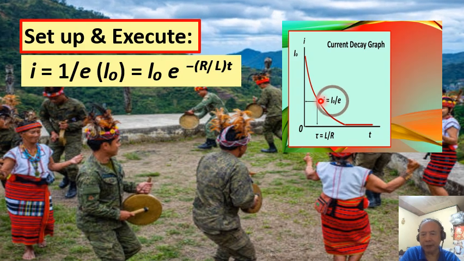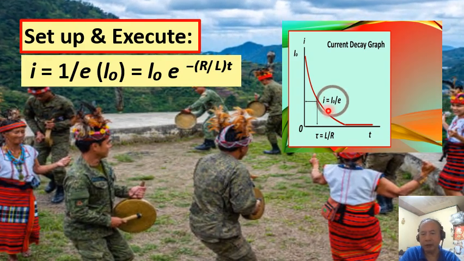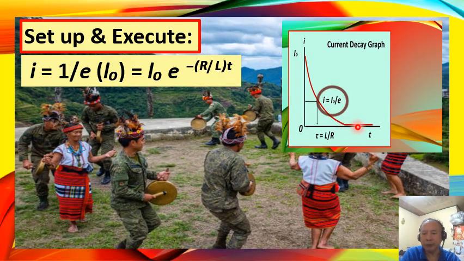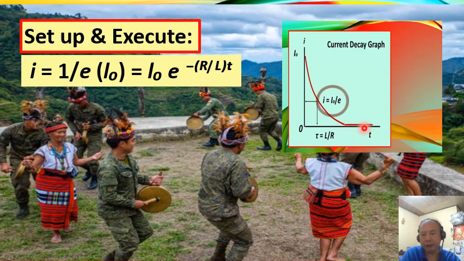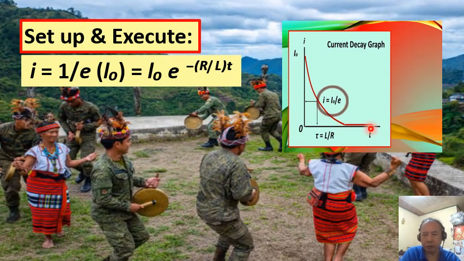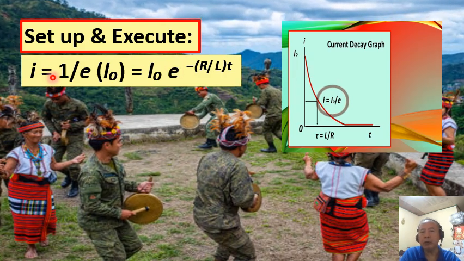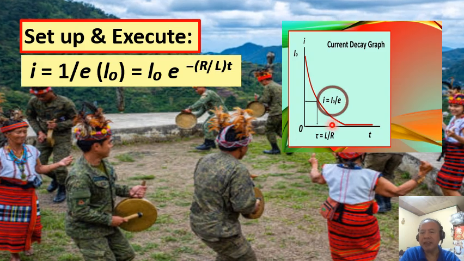And then the decrease in the current later on becomes gradual, until the amount of current approaches zero.